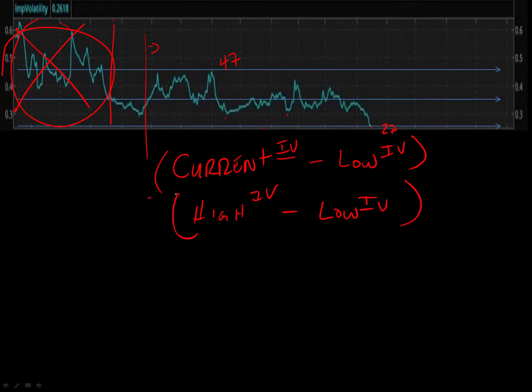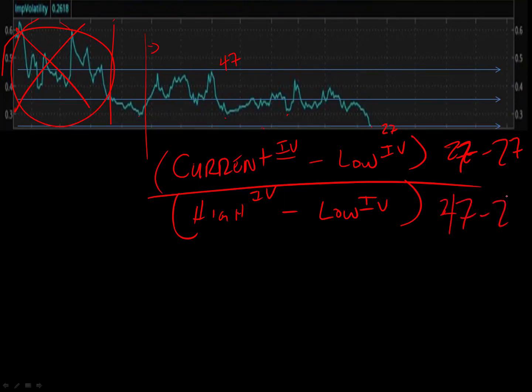So we can see the current, 27, minus 27, right? And then the high minus the low is 47 minus 27. And so we've got 0 over 20, and that equals 0.